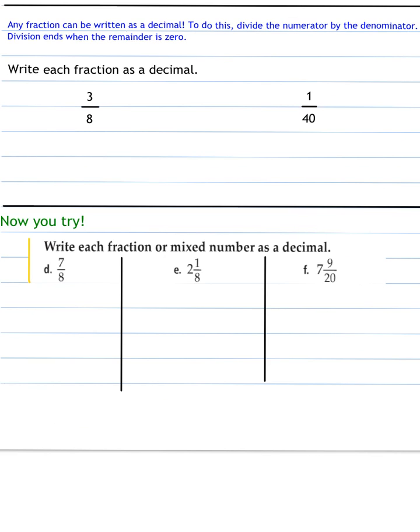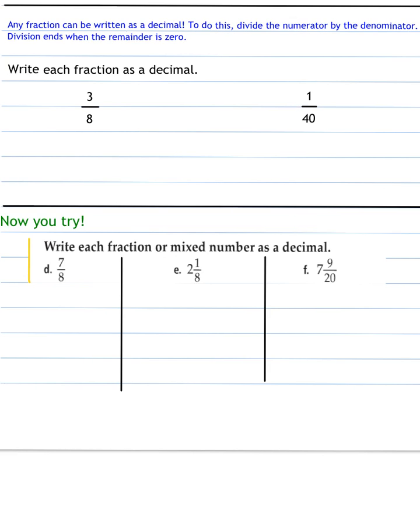Now, any number can be written as a decimal. We showed before using mental math, getting our denominators to be powers of 10, 100, or 1,000, and so on. But some of them aren't going to work that way, so in order to turn these fractions into decimals, you would divide the numerator by the denominator. Make sure to note that your division ends when the remainder is 0.